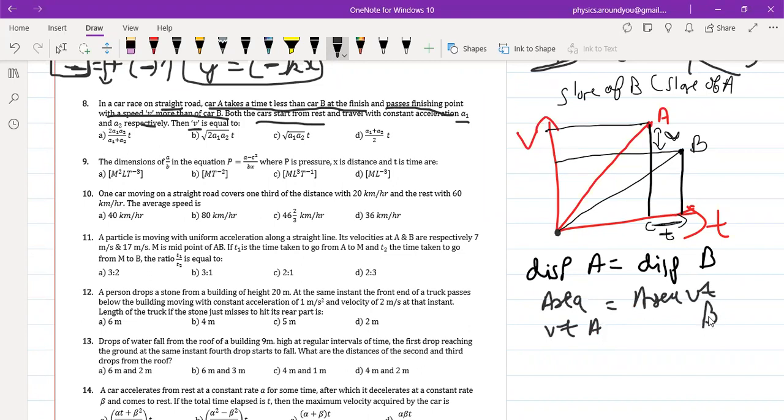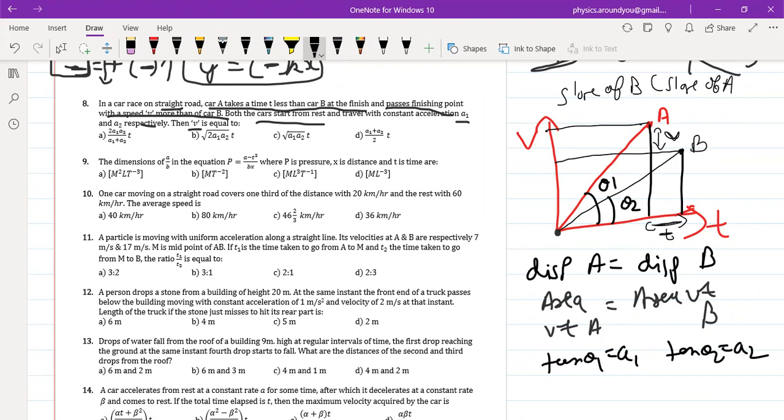Graphical solution is advised because you can visualize how this is happening. With this information, they're asking what is v. Not only that, we have also been given the value of the slopes. Slope, let's say theta 1, and slope theta 2. We have been told that tan theta 1 is equal to a1 and tan theta 2 is equal to a2.